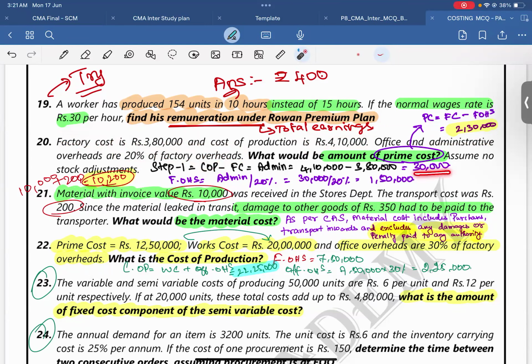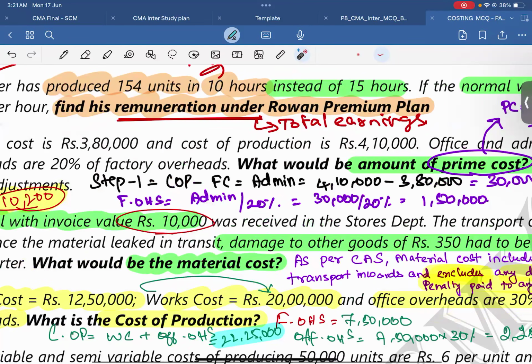I will get 30,000. From that 30,000 difference, I am going to find out the factory overheads. They said office and admin is 20% of factory overheads. So I need to find the 20% value. This first step is to find out the admin cost.